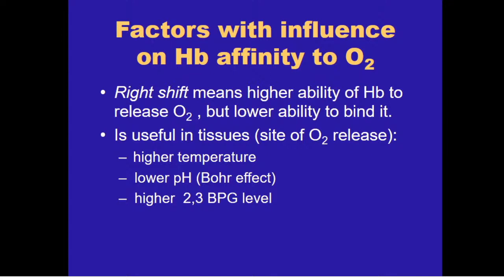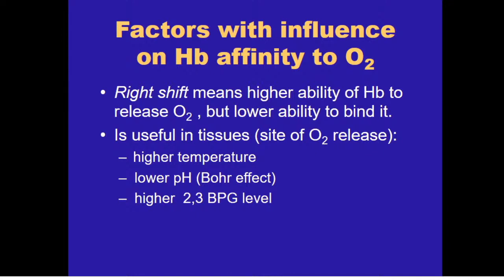And in tissues, the site where oxygen is released, what can influence? We did not tell this now, right? That change of temperature also influences this affinity. It's understandable because we know that our proteins are pH and temperature labile. So higher temperature can help to release.